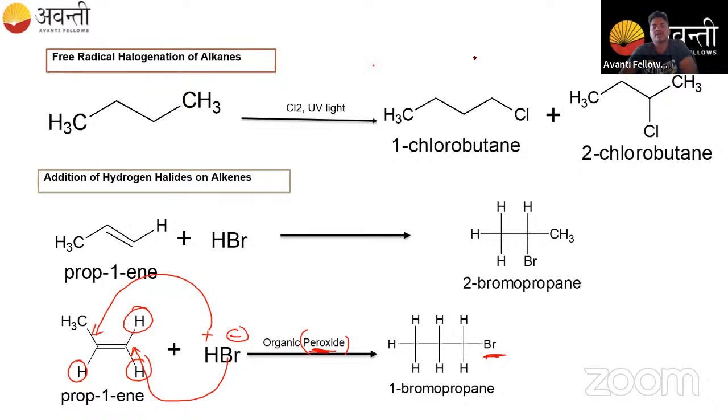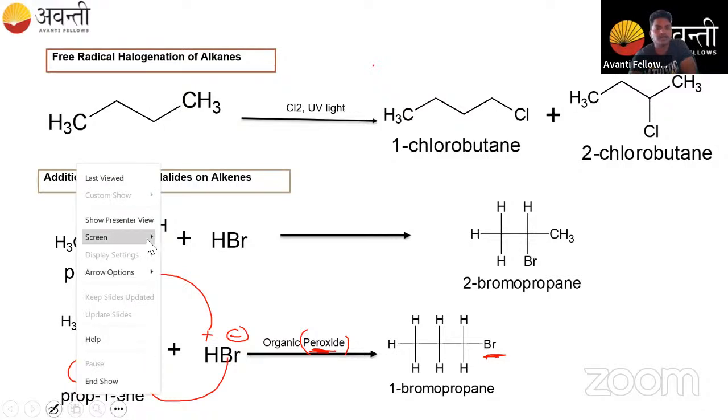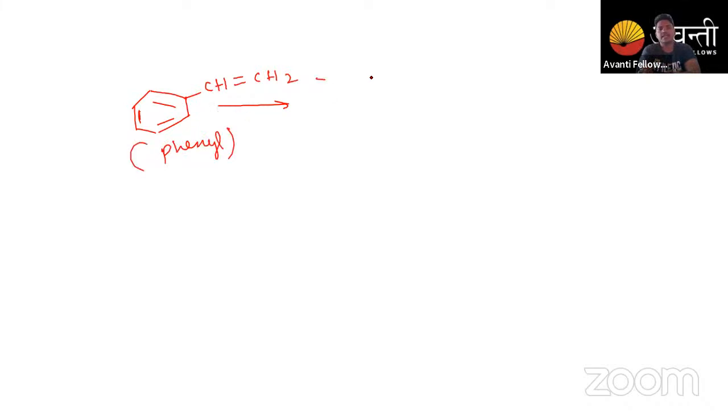So let's suppose you are having a compound like this. Let me take a white screen so that your doubt can be cleared. If you are having a phenyl group, so this is a benzene group, and here I am taking CH double bond CH2. Then this will become the phenyl group. If I'm using HCl, what is going to happen?